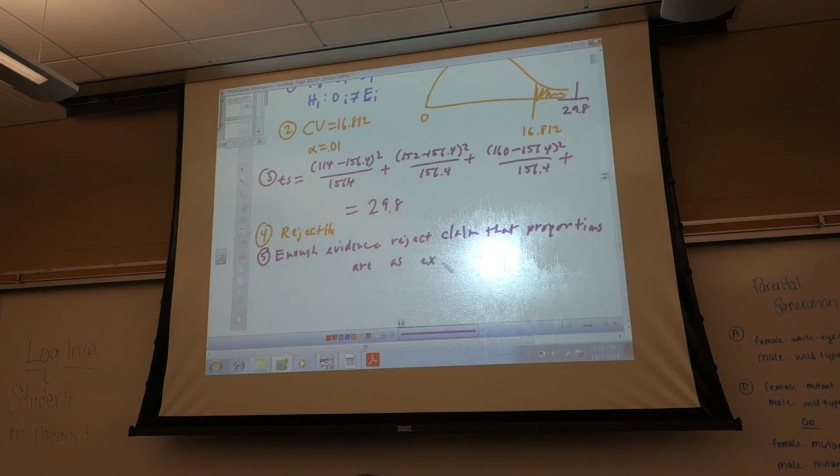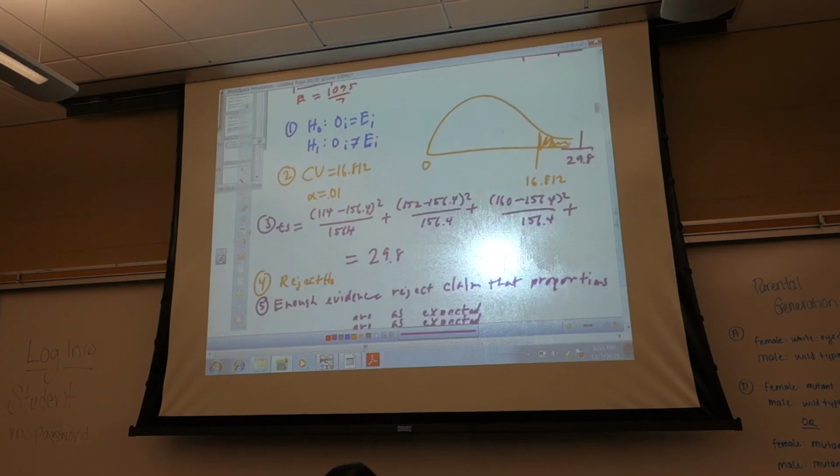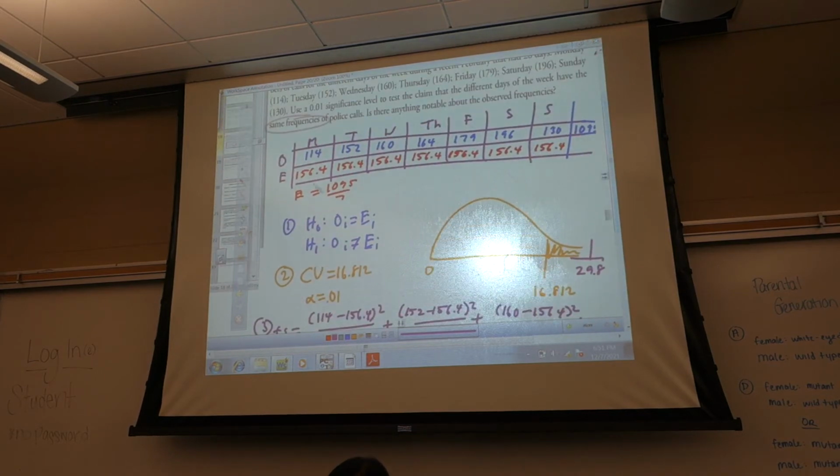All right, everybody feeling okay about that part? Okay, the key thing I think people got tripped up on was, remember, the expecteds you need to calculate.